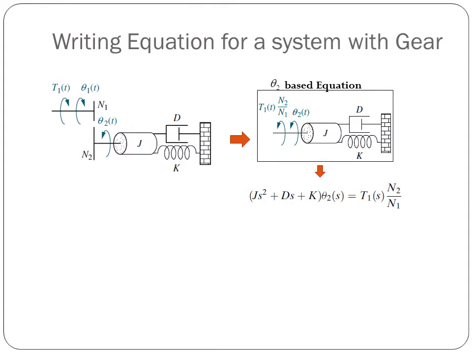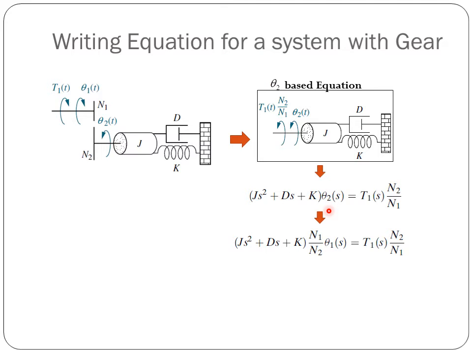So this is the equation. Now you know the rest: if we want to convert this theta 2 to theta 1, we can write N1 by N2 into theta 1 in place of theta 2.